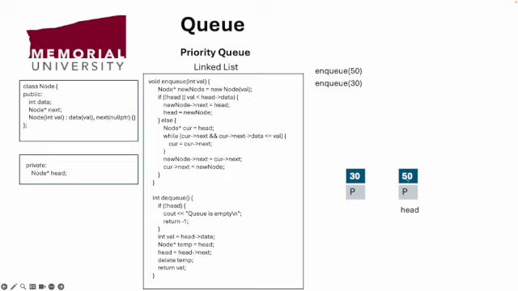If it's less, we go inside, which means insert into the front. This is true. Either side of the OR being true, we go inside. So this new node's next points to the head, and the head is going to change to here.